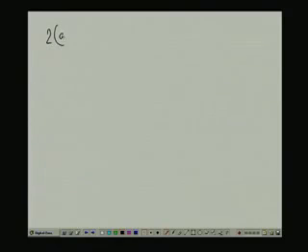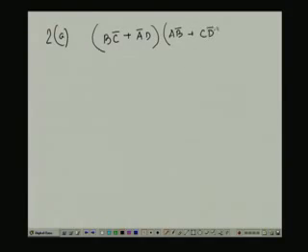Question number 2a, (B C bar plus A bar D) into (A B bar plus C D bar). Say this is my function f.